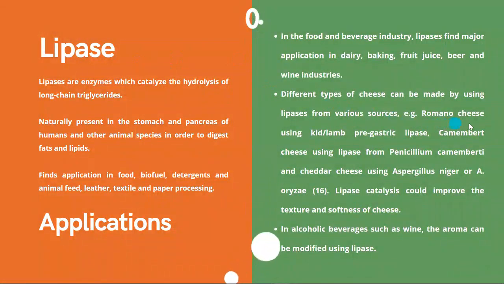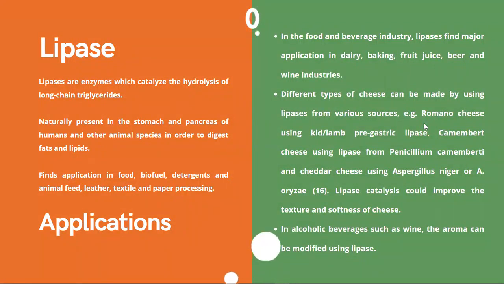If you see here, Romano cheese, this uses lipase from the lamb's pre-gastric juice. So this is the animal source. Majorly in India, this is not preferred because the majority of the population is vegetarian. Romano cheese is basically from European countries like Switzerland, most majorly the European nations.